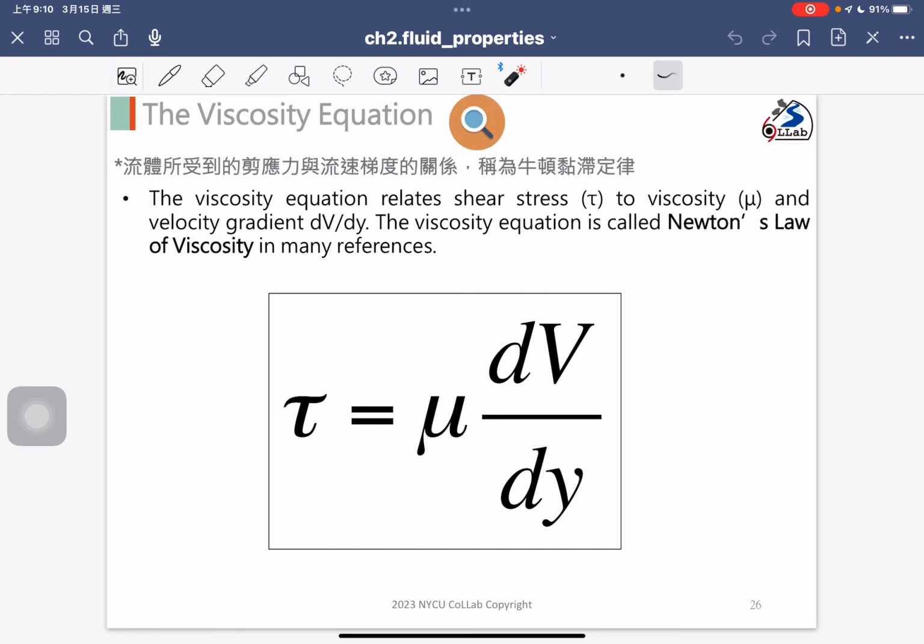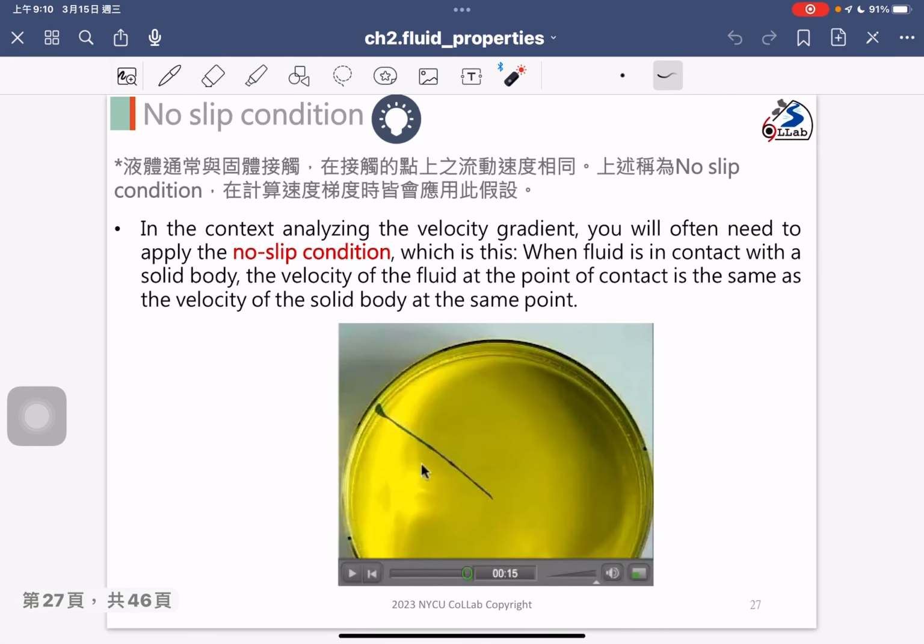We are trying to figure out how large the shear stress is, and the viscosity equation tells us the shear stress is equal to the viscosity multiplied by the velocity gradient. So if we would like to calculate the shear stress, we should have the velocity field. If we don't have the velocity field, we cannot compute the velocity gradient.